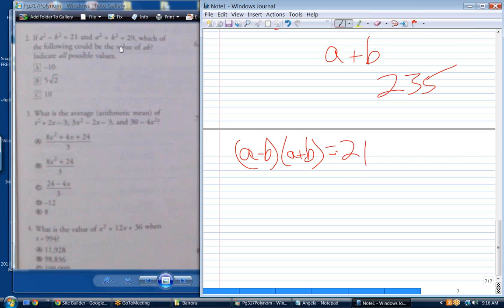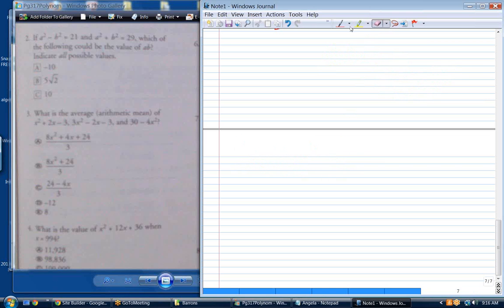The sum of squares is not factorable. Which of the following could be a value of a times b? Indicate all possible values. Let me think about this for a moment. How are we going to come up with an a times b? I'm not sure.